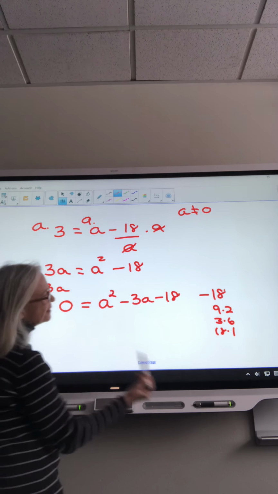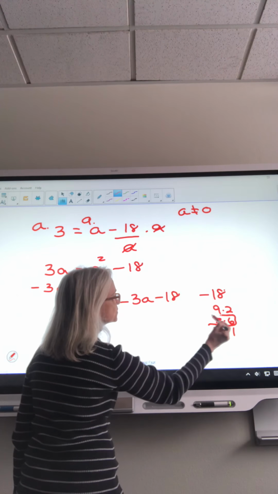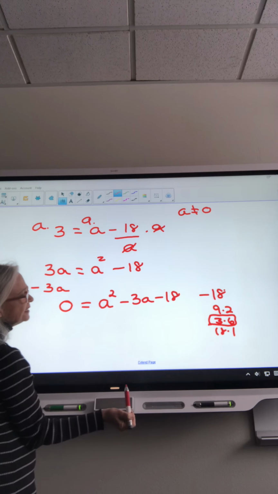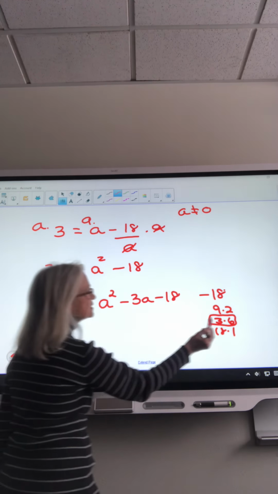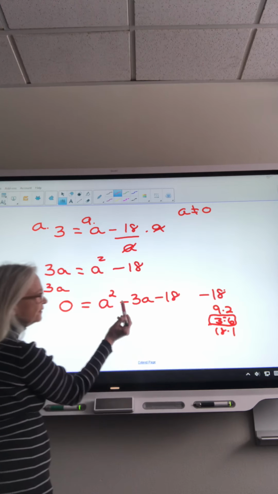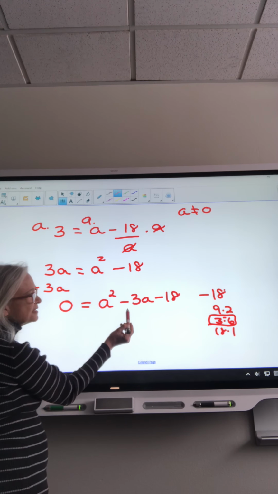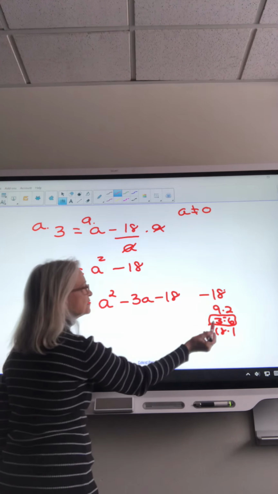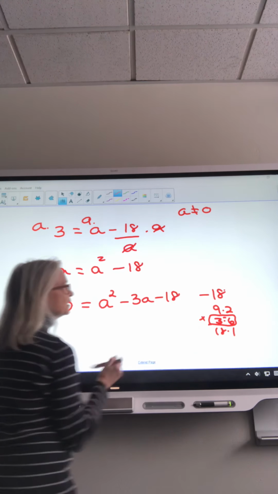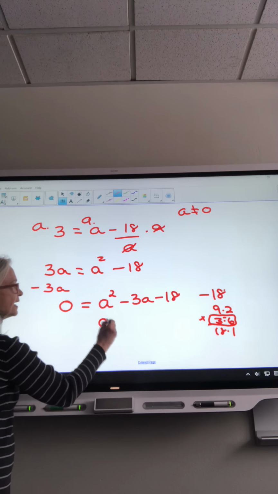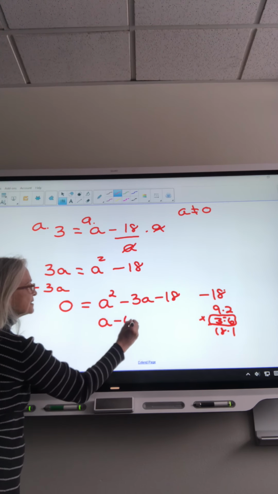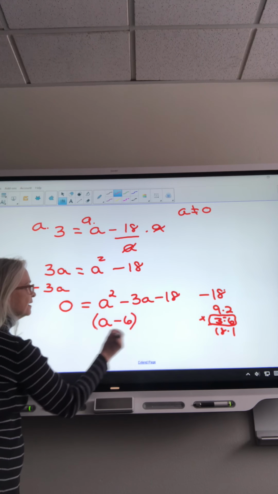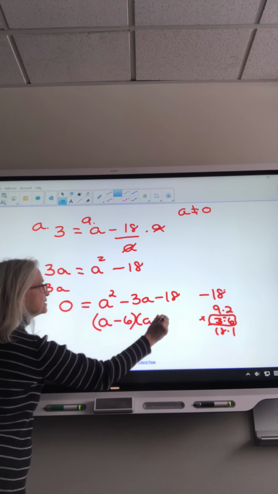It looks like 3 times 6 would give us 18, and then if the 6 was negative, it would give us a sum of a negative 3. So I think that's what we're going to use. So we'll have a minus 6 and a plus 3.